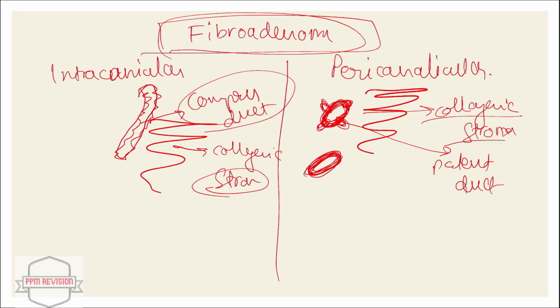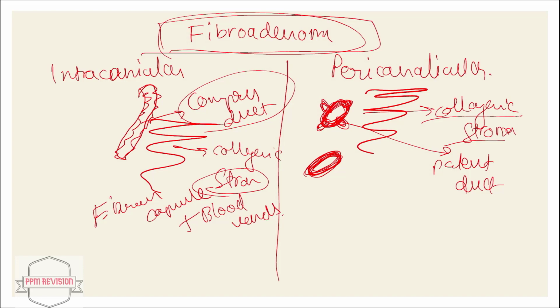Now looking at the intracanalicular, there's a fibrous capsule with blood vessels. These are some additional points. There's distended acini with cuboidal epithelium and intact basement membrane.